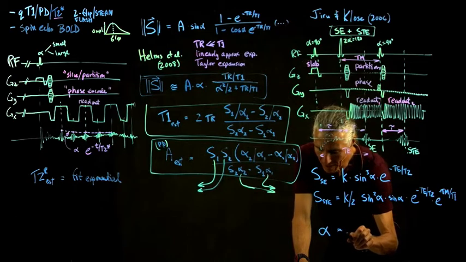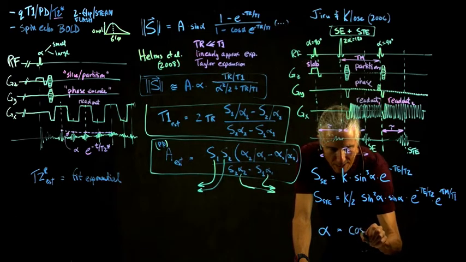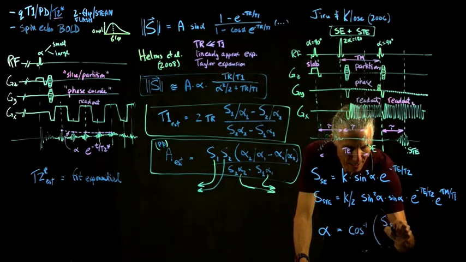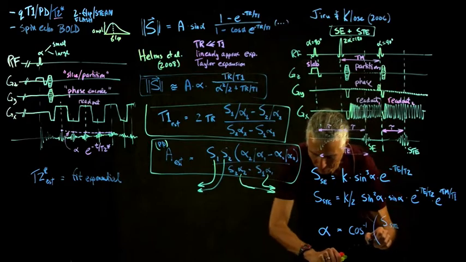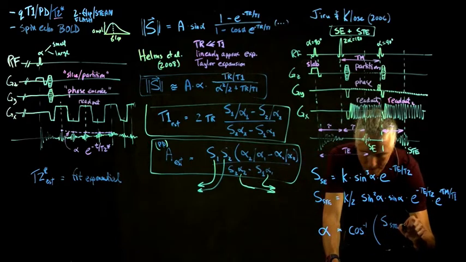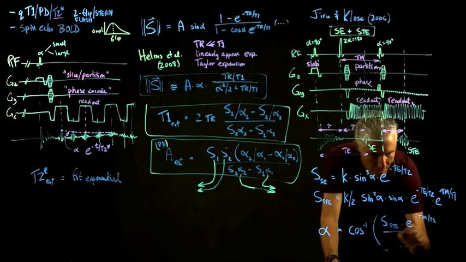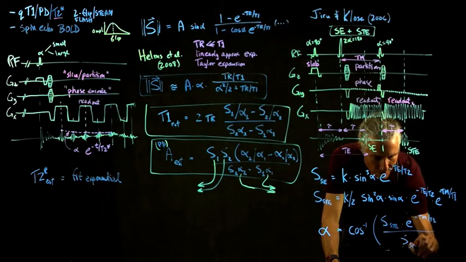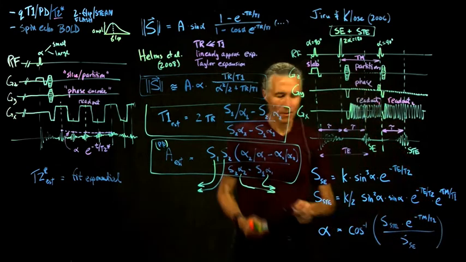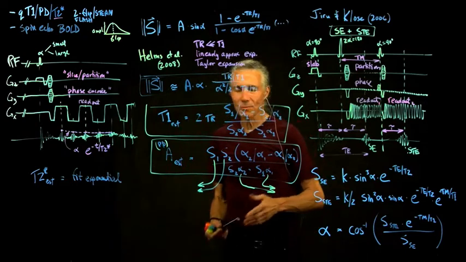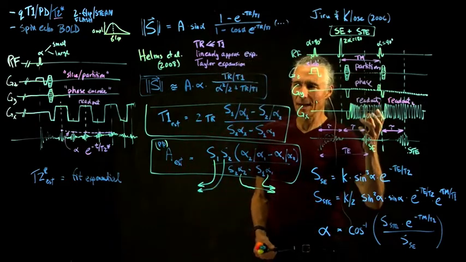the flip angle, and the flip angle is basically equal to the inverse cosine, arc cosine, of the amplitude of the stimulated echo times e to the minus TM over T1, so that the T2 thing divides out, divided by the spin echo amplitude. So now notice we've got to do two of these double echo guys.